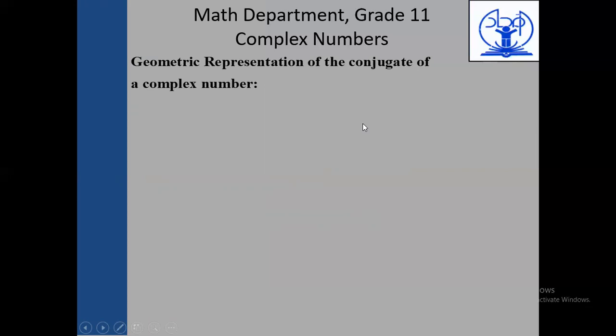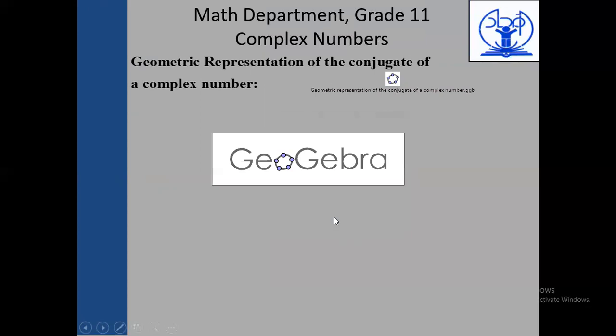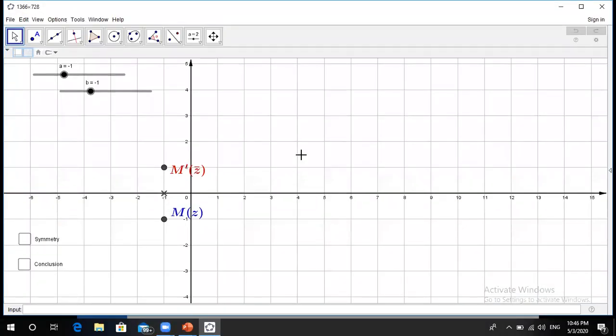Geometric representation of the conjugate of a complex number. We check this GeoGebra activity. As you know, each complex number is represented by a point in the plane. We explained this in the previous session.